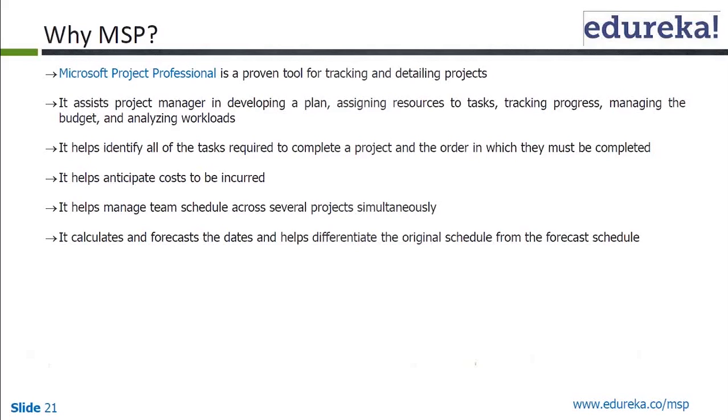So let's say you have a 1 year project, and after 1 month you want to create a report. After 1 month you look at what all tasks are complete. There are already tasks that are planned. They have planned schedule dates.